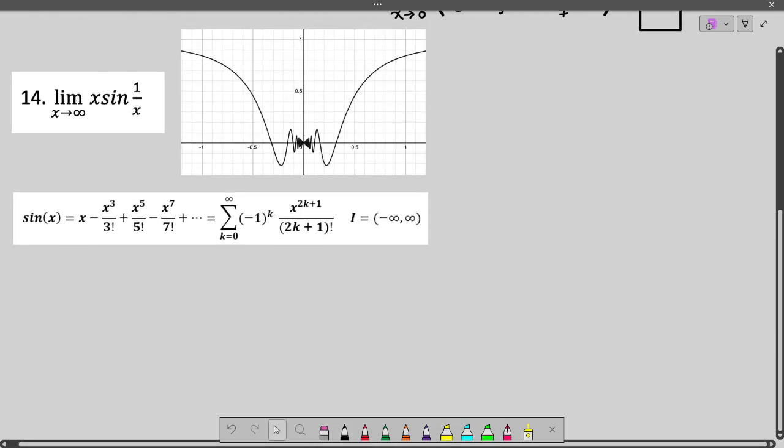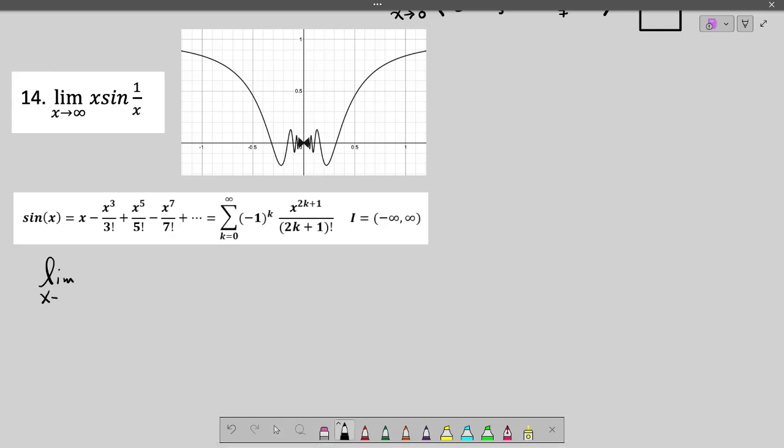So how about when we look at this one? We want to take the limit as x goes to infinity here. So x times sine of 1 over x. Sine of 1 over x, we just take the power series for sine and replace all the x's with 1 over x.